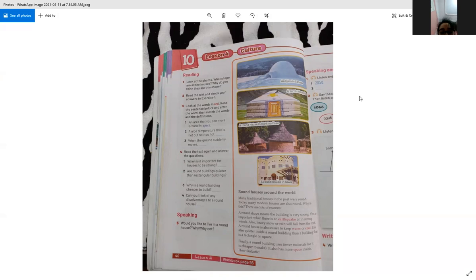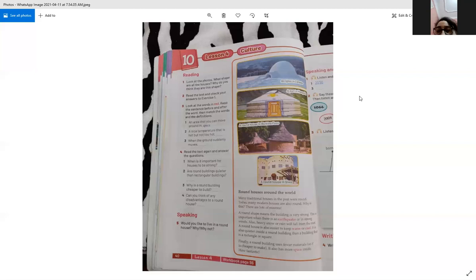Today, many modern houses are also round. Why is this? There are lots of reasons. A round shape means that the building is very strong. This is important when there is an earthquake or in strong winds.